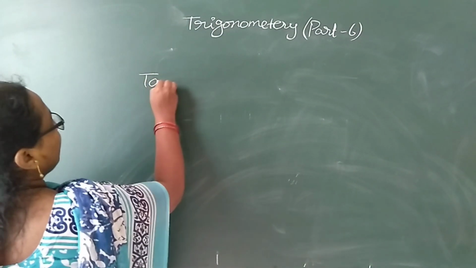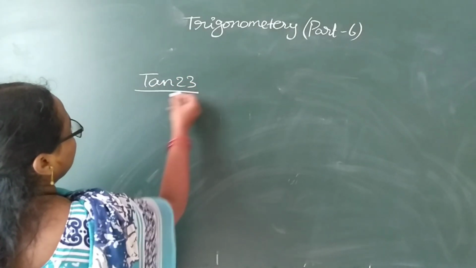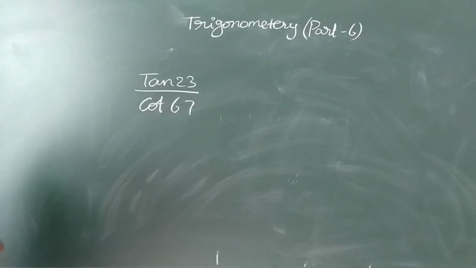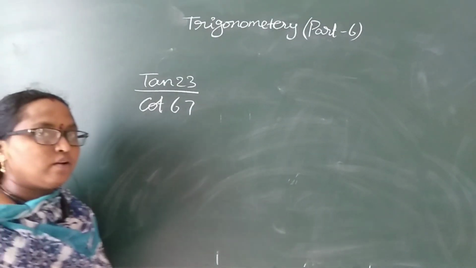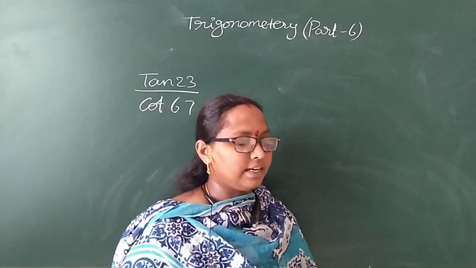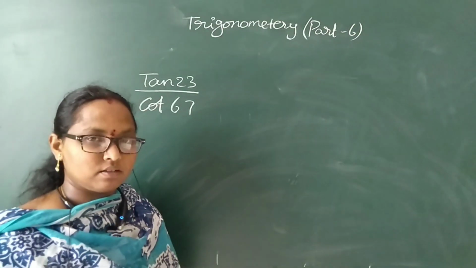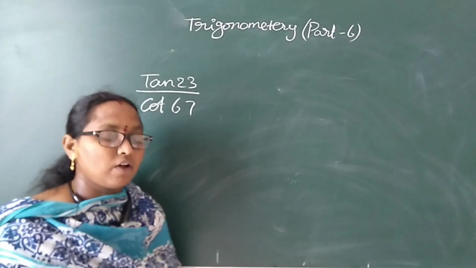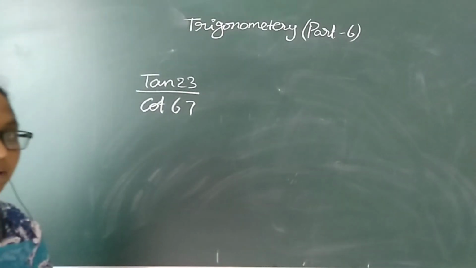Next, coming back to tan 23 by cot 67. I want to simplify it. According to the table, I know only 0, 30, 45, 60, 90. I don't know angles other than that. But now they have given 23 and 67. How to simplify this?